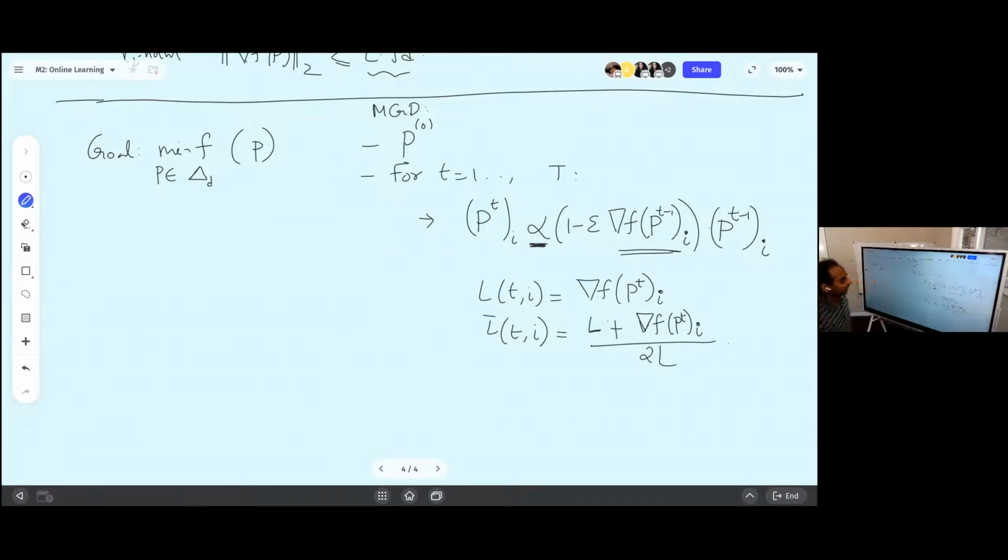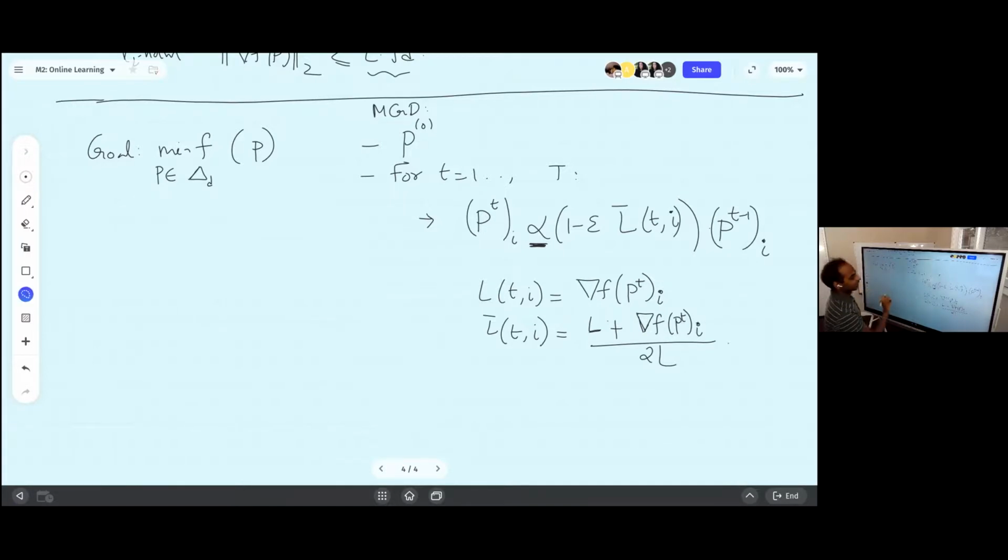Okay. And now I'm going to update my current vector exactly like this. I have a probability vector p t minus 1. Now I multiply each coordinate with this specific 1 minus epsilon L bar t comma i term. And then I renormalize everything to make it a probability distribution.